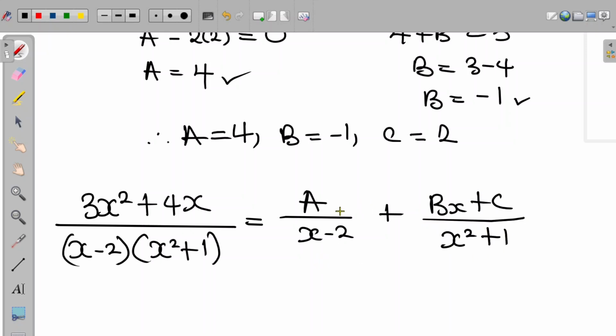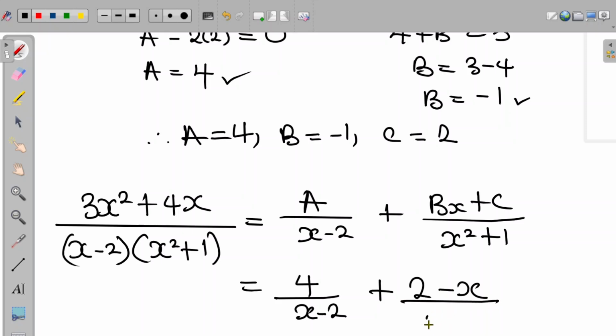Now we plug in the values of a, b, and c, and this becomes 4 divided by (x minus 2) plus (2 minus x) divided by (x squared plus 1).